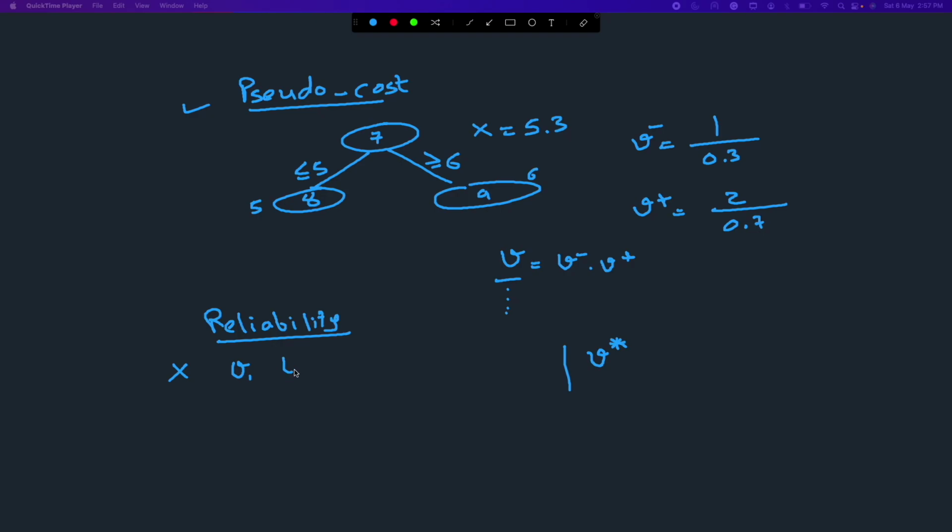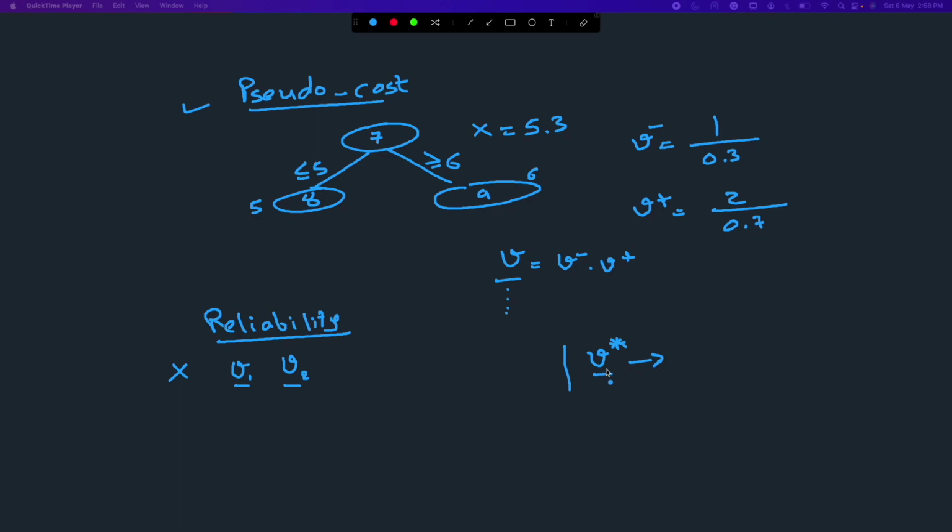And I branched it again, it is v2. So will this v1 actually be equal to this v star value? Probably not. Similarly it's highly unlikely that v2 will also be equal to v star. So these are the observed values. This is the unknown true value of pseudocost.